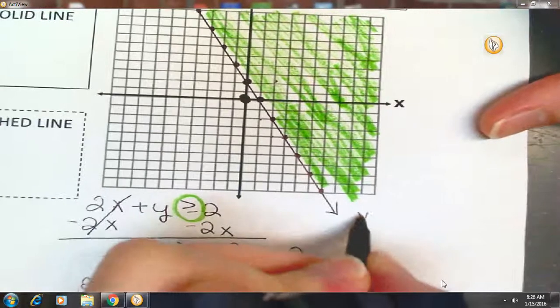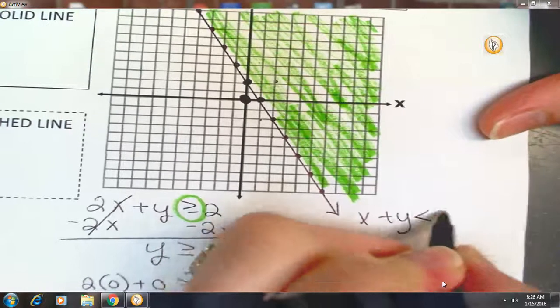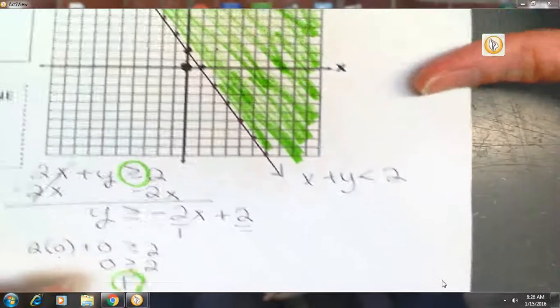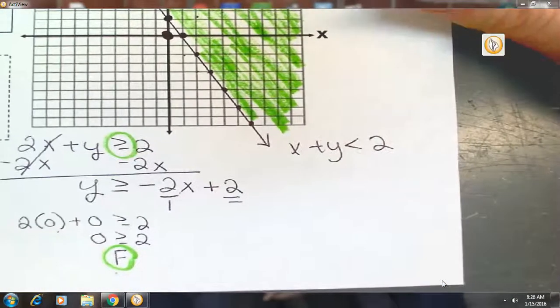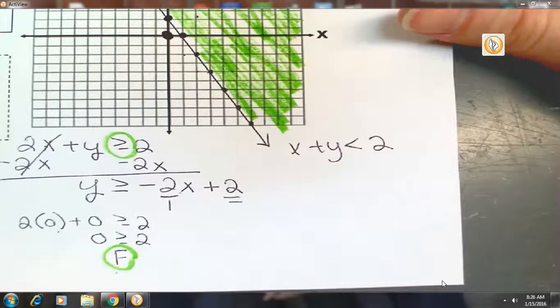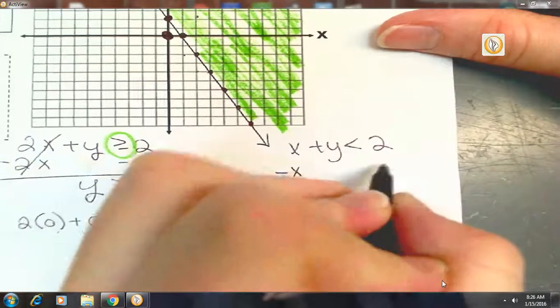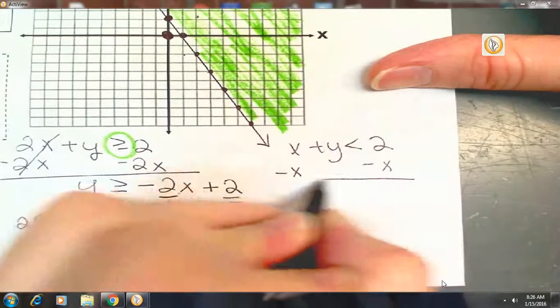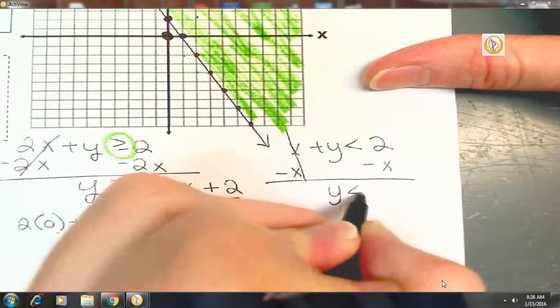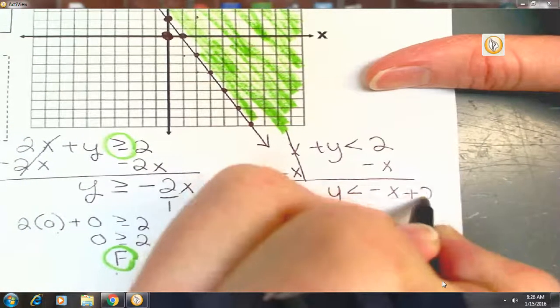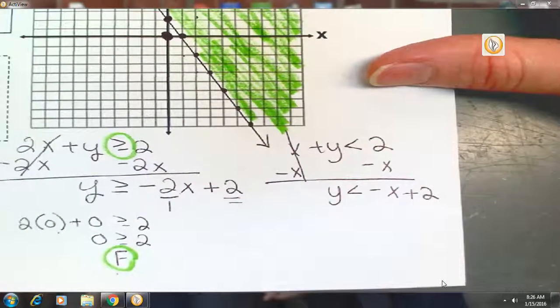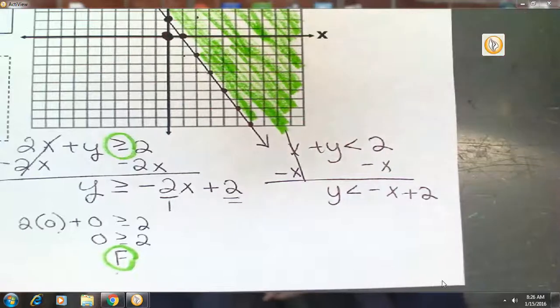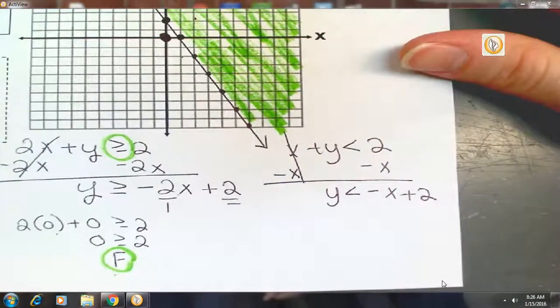This time we have x plus y is less than 2. It's not in slope-intercept form. What can we do to put it in slope-intercept form? Right, subtract x. So we have y is less than negative x plus 2. Let's go ahead and graph. What's our y-intercept?